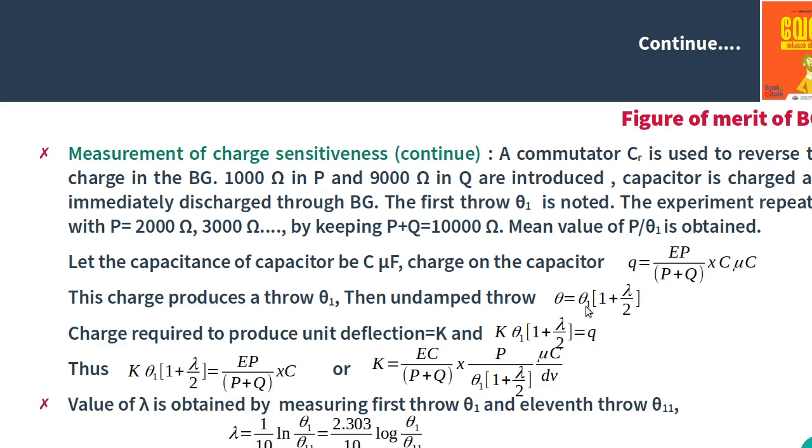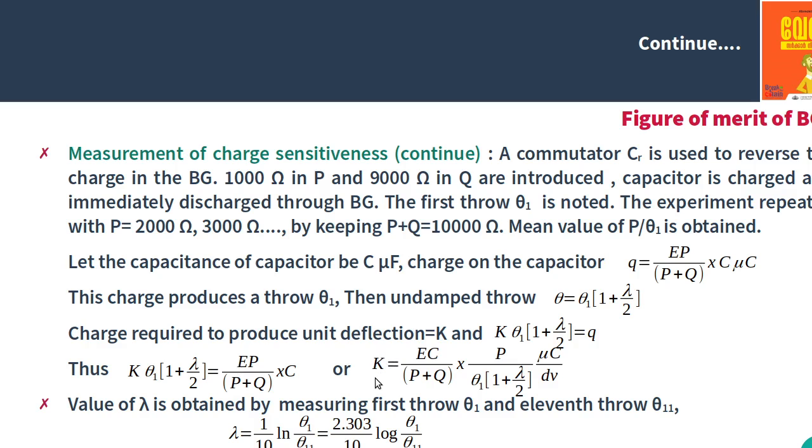But we measure theta 1, so we have to multiply K with theta 1 into 1 plus lambda by 2. This will give you the charge that will produce the deflection theta 1 into 1 plus lambda by 2. That charge is Q. So I can write K into theta 1 into 1 plus lambda by 2 is equal to EP divided by P plus Q into C, because in place of Q, I am putting this.